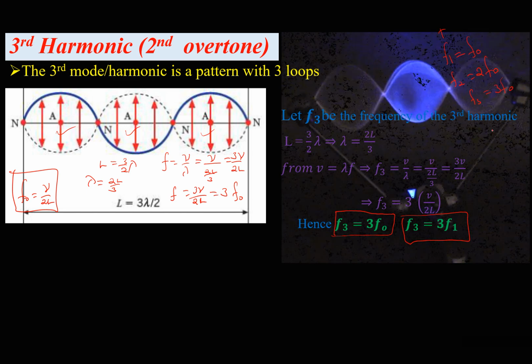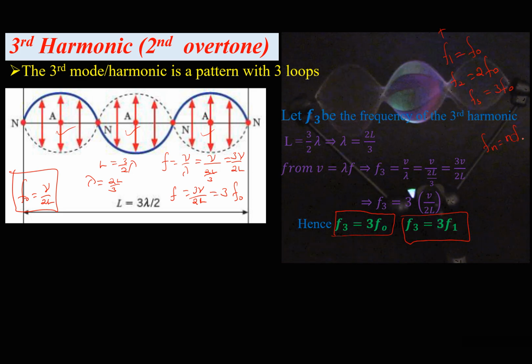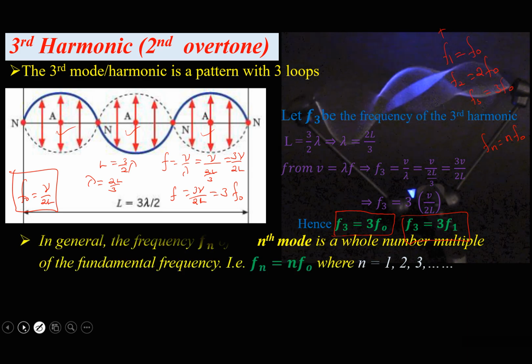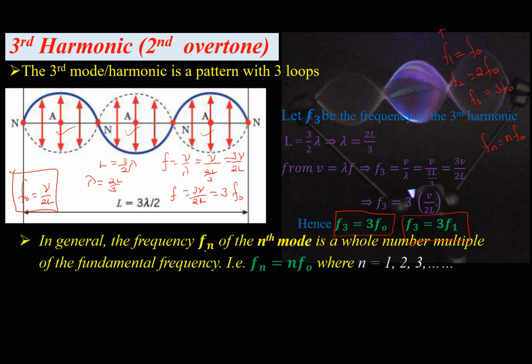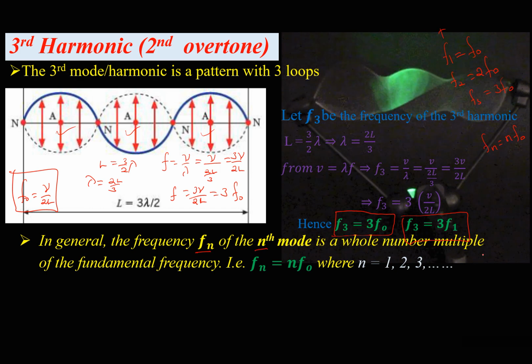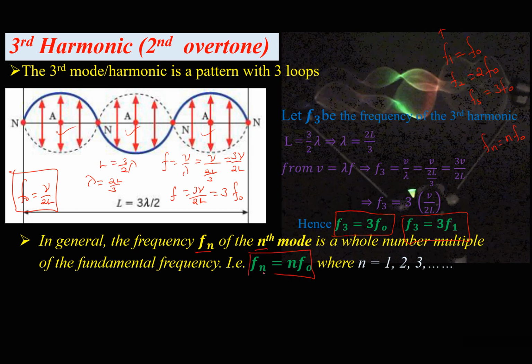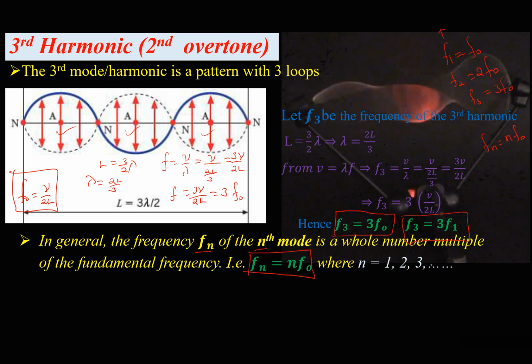So any mathematician will be able to see that Fn is going to be N F naught. So in general, the frequency Fn of the nth mode is a whole number multiple of the fundamental frequency. So in general, Fn is going to be equal to N times F naught, where N is equal to 1, 2, 3, and so on and so forth.